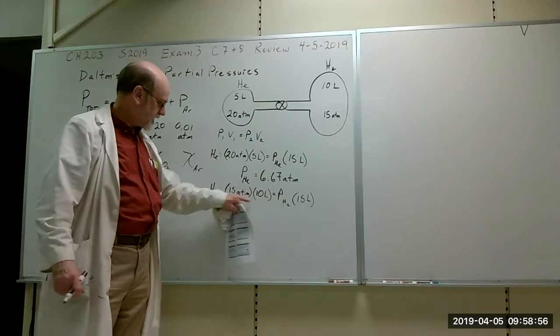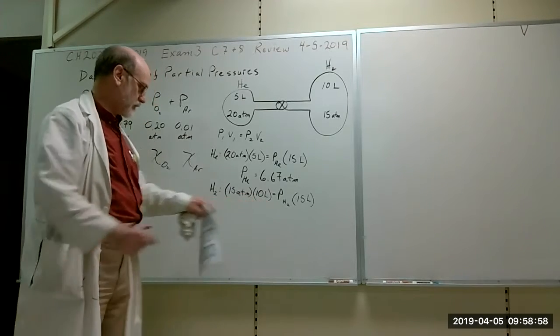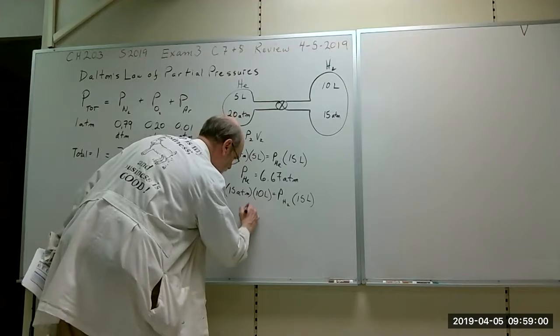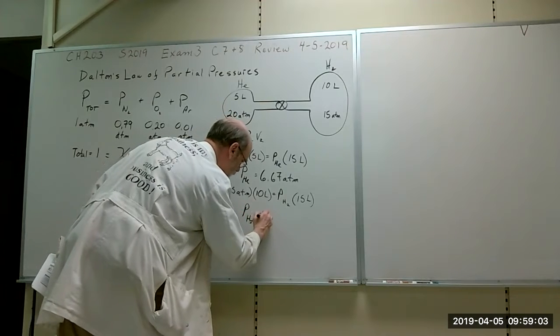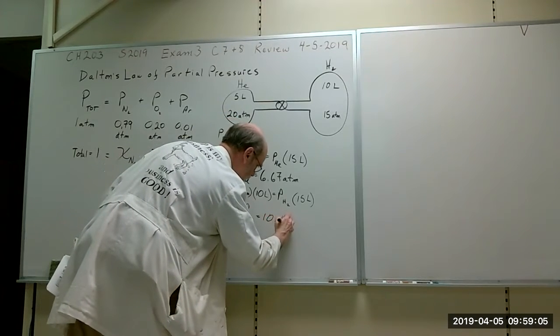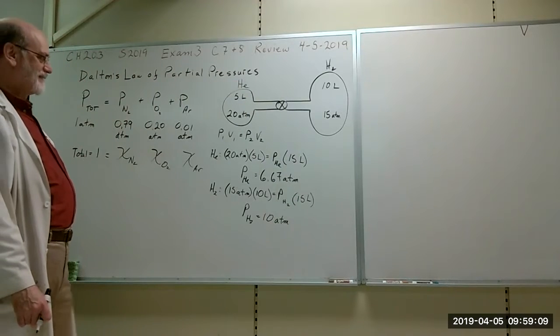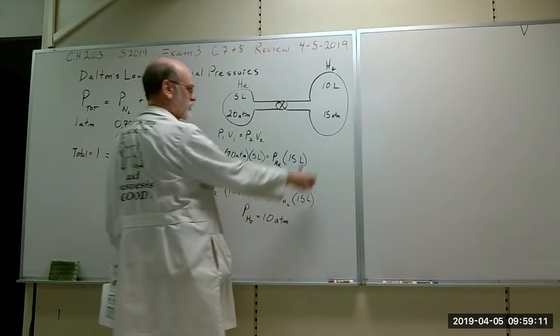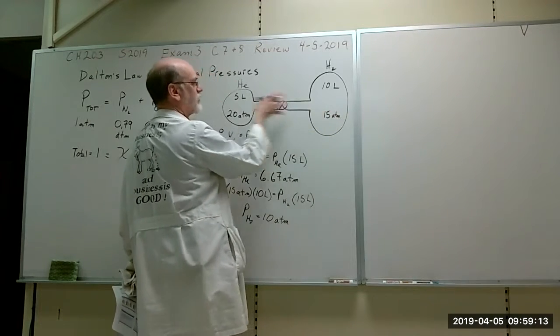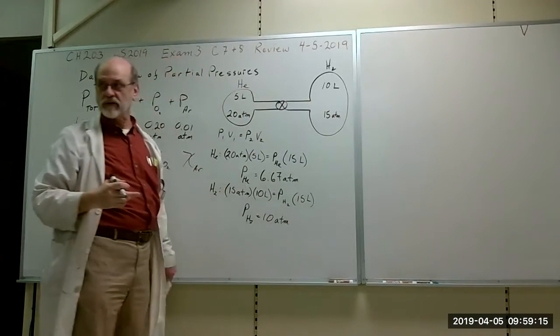So this is 10 times 15 divided by 15, well, that's 10. So the pressure due to hydrogen is equal to 10 atmospheres. Okay? And that makes sense. We're expanding 15 atmospheres into a bigger volume, so the pressure should go down for the hydrogen.